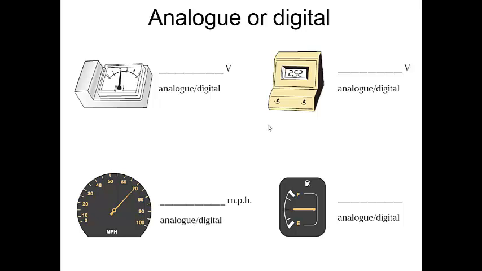What we have here is digital because it will go from 2.52 to 2.53, and there's no continuous change there, so they're clear discrete values. My speedometer here is analog because it shows a continuous change, and also my fuel gauge is another example of an analog measuring device.